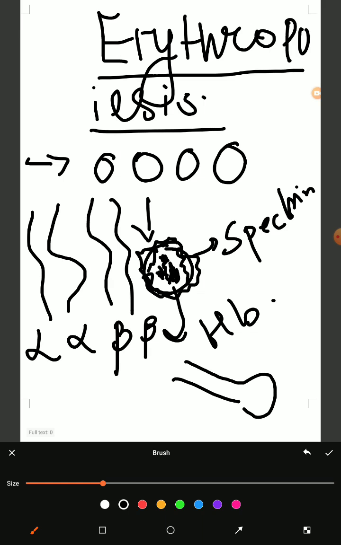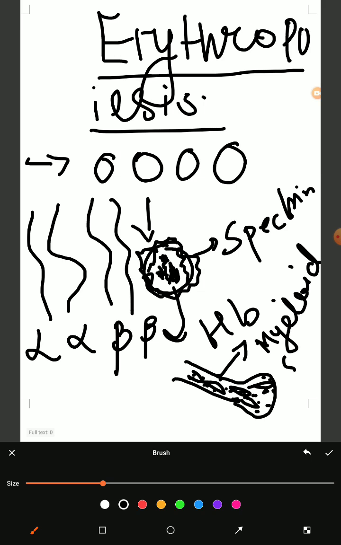bone marrow in the adult, and the bone marrow contains some progenitor or stem cells, which are known as hemocytoblast cells. A network of cells is there, and this reticular cell, and this hemocytoblast cell is even known as hematopoietic stem cells, and these hematopoietic stem cells are from the myeloid series, right?